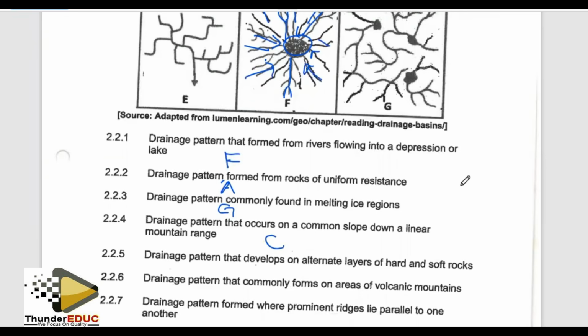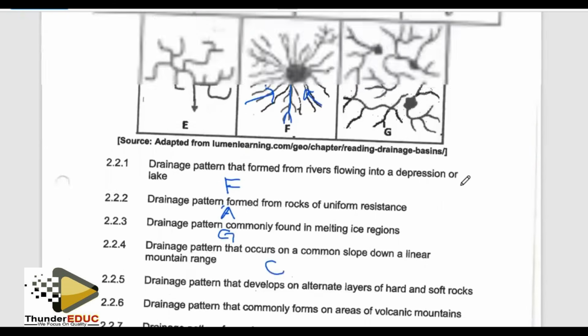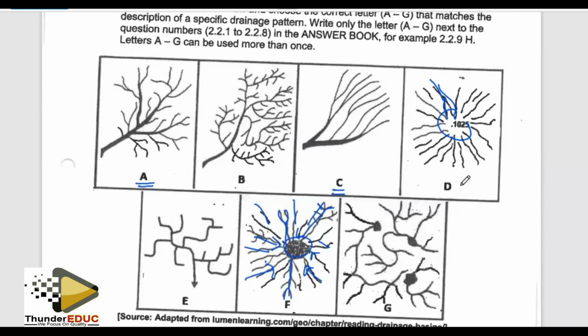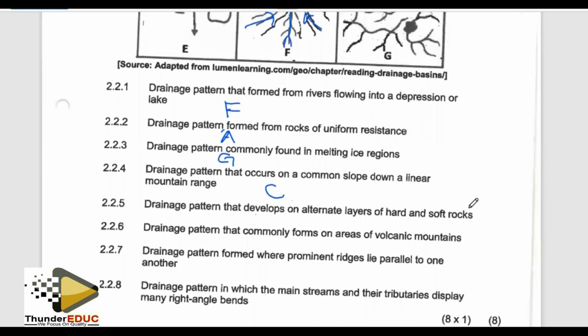Then 2.2.5, a drainage pattern that develops on alternate layers of hard and soft rocks. That has to be trellis, which is B.